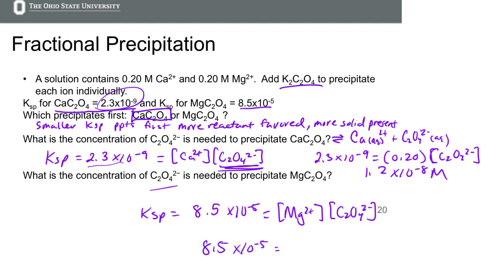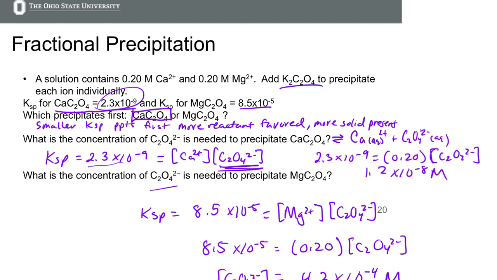In the problem, we state that we have 0.2 moles per liter of magnesium, and we solve again for oxalate. And we'll get 4.3 times 10 to the minus 4 moles per liter.